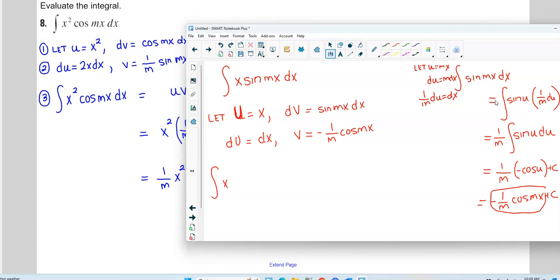So now let's go ahead and use our integration by parts formula.